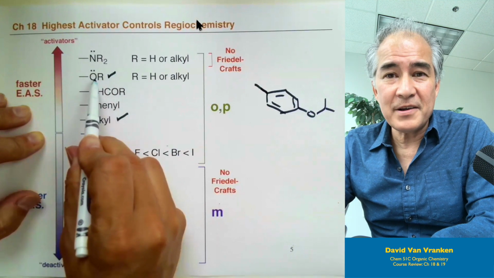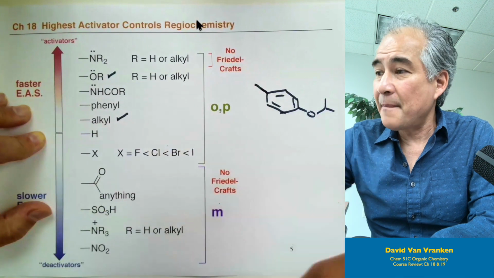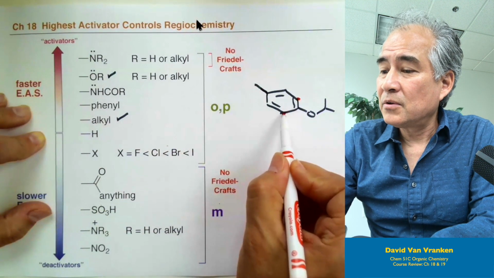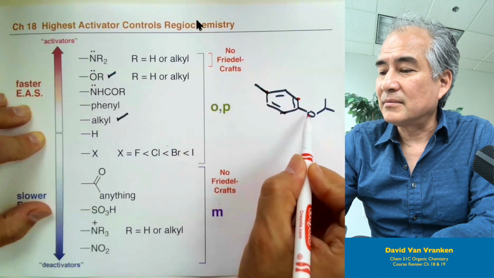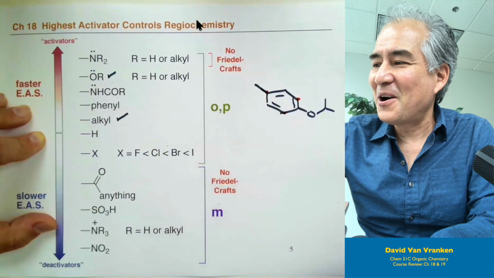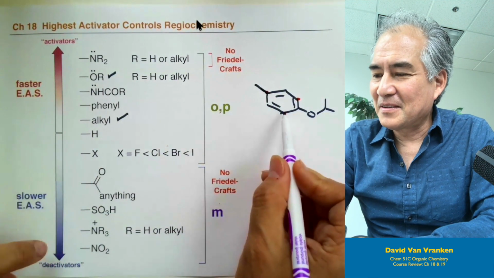Well, the OR is higher on this list. It's going to control the regiochemistry. And so that means that the third substituent you add is going to go ortho or para to the oxygen. Well, the para position's blocked. So the only place you could really go is ortho to the oxygen.